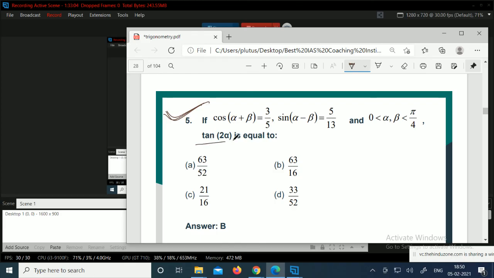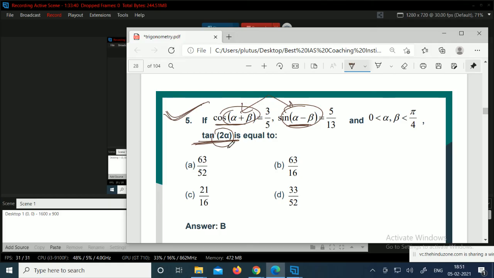How are you going to find the value of tan 2 alpha if these two values are provided to us? So we can take sine 2 alpha by cos 2 alpha, but we do not have a value for 2 alpha. Here we have alpha plus beta and alpha minus beta. So the whole idea is to rearrange this factor in terms of these two factors, because we want to use these two values.